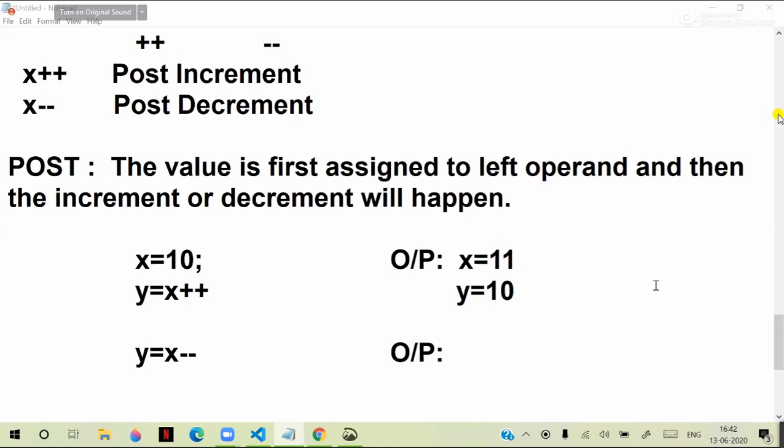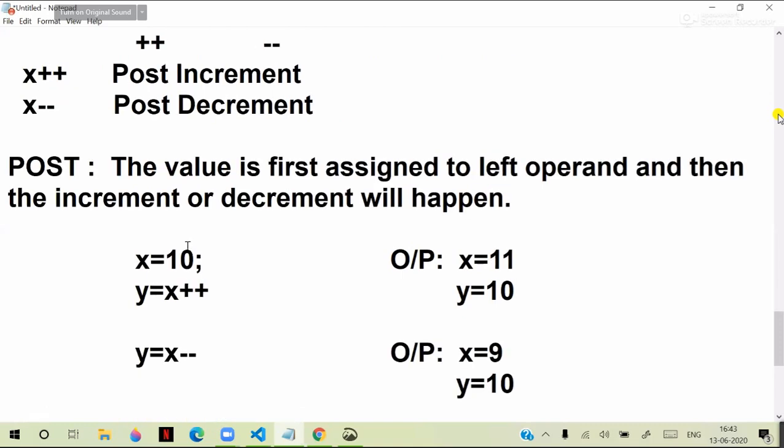Understood the point? That means now the output will be like this: x is equal to 9 and y is equal to 10. That's how the operation will happen. First it will assign, after that it will decrement. So this is what we discussed about post increment.